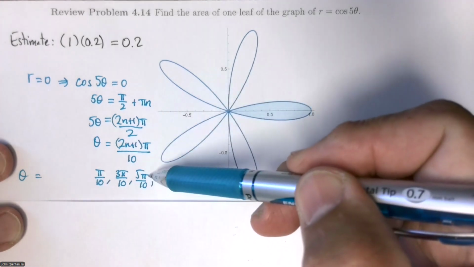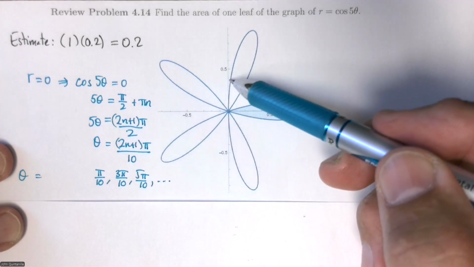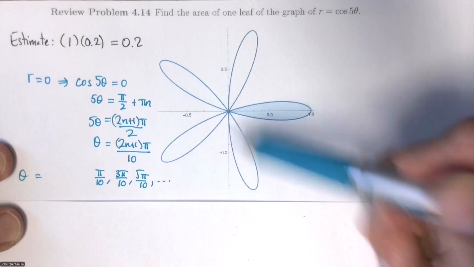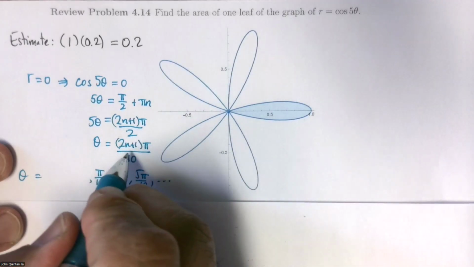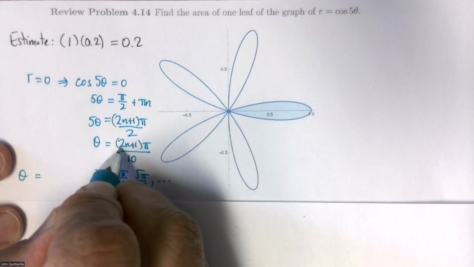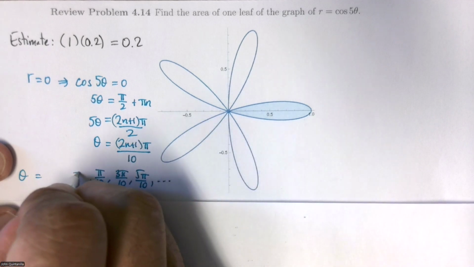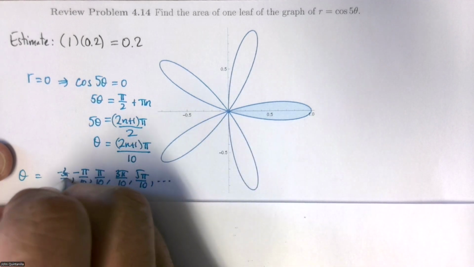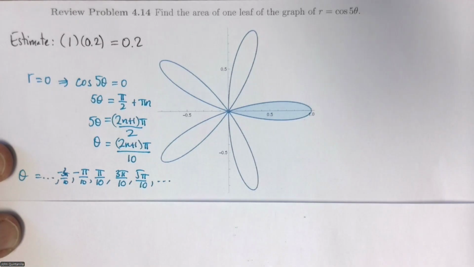And actually, I see that one, 5 pi over 10, coming here. As I get closer to pi over 2, the distance is going to be 0. I can also go the other direction. If n is equal to negative 1, I get negative 2 plus 1, so negative pi over 10, negative 3 pi over 10, and so on in the other direction.